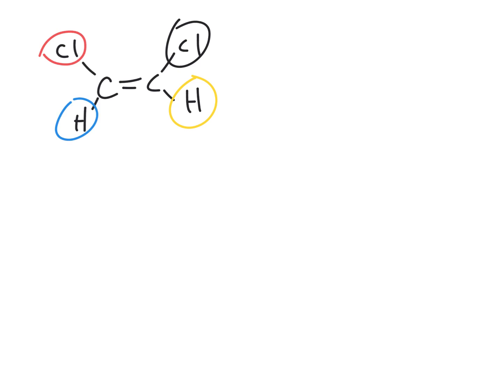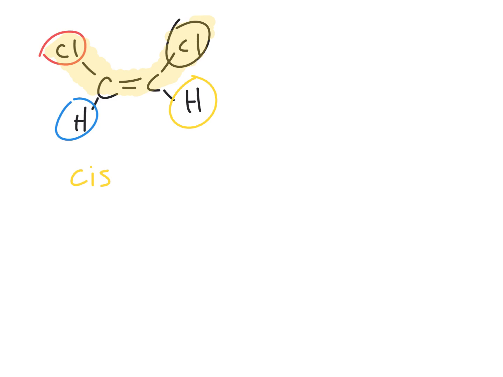What we should also notice then is that if you look at the heavier of those substituents on each side, that's going to be the chlorine. If you look at where it is, it's pointing in, and this chlorine is pointing in too. So they're on the same side. They form kind of like a letter C, and we call this the cis form of this compound. So this would be called cis.